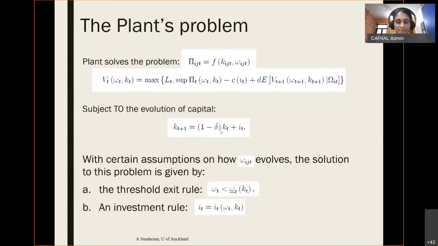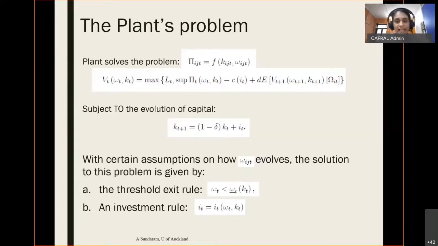So given its expectation of future productivity, it is going to decide on its investment level IT such that it has KT plus 1 in the next period. Okay. So what this is telling us is that the firm's investment is really dependent on its expectation of productivity, given what it has observed in this period. So in a sense, if you look at investment, you get a sense of what the firm thinks its productivity is going to be. So that's the whole idea.